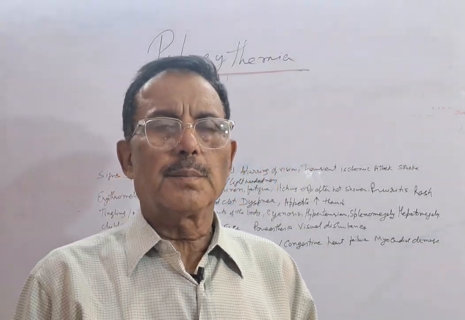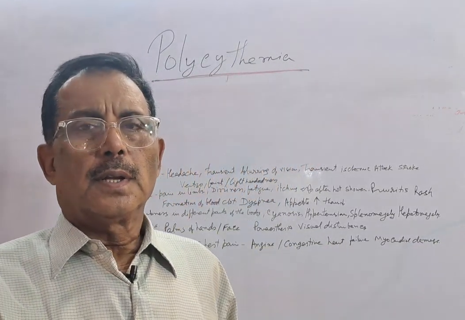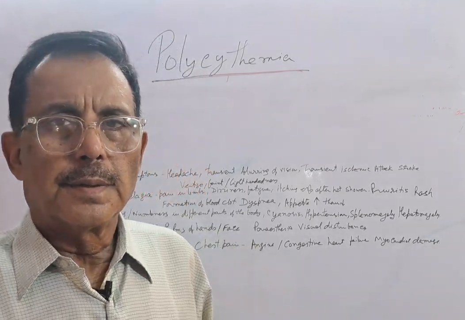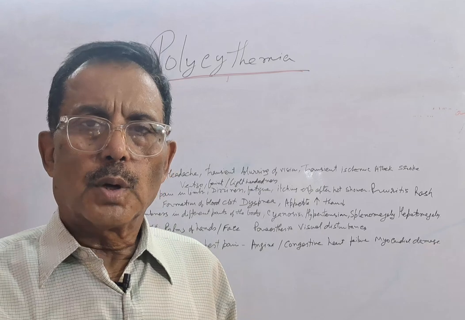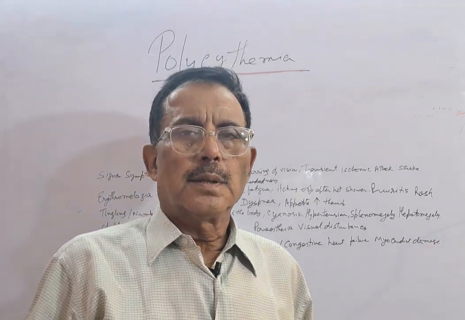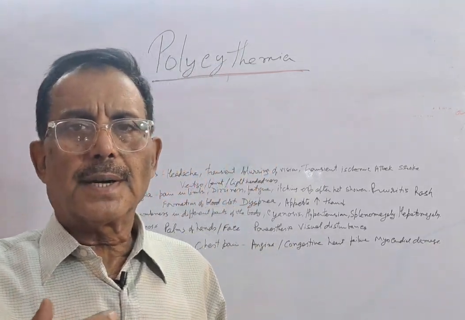What is polycythemia? When RBC count is raised and hemoglobin level is raised, both are raised, then it is known as polycythemia. What is the level?